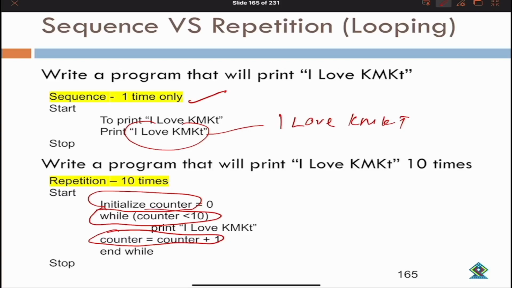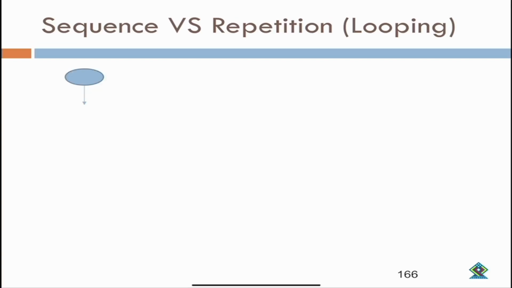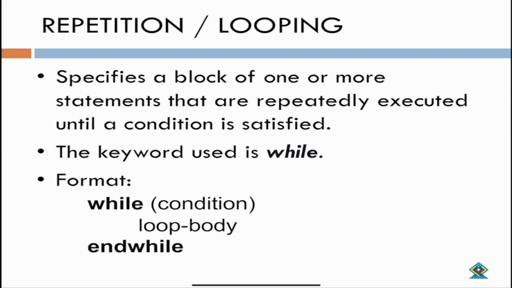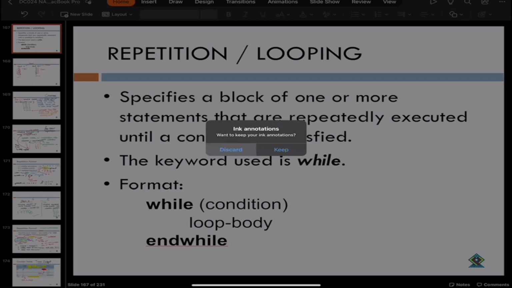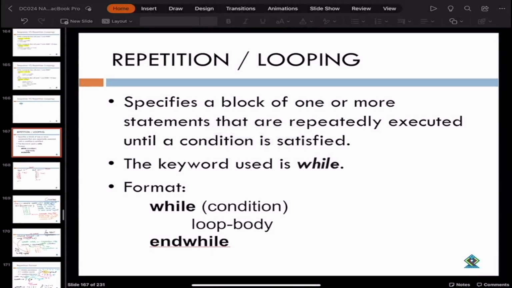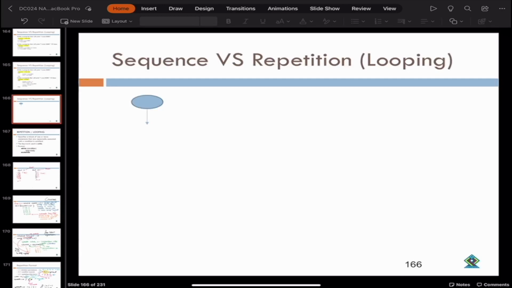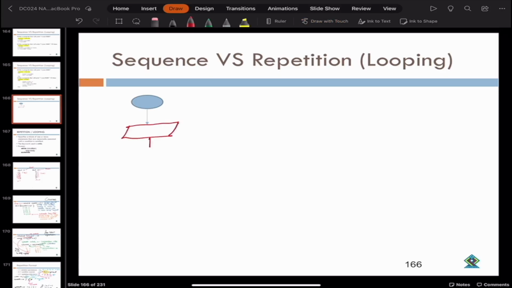I think this one you already know. For the sequence flowchart, you just go through some input, then process, then display, and then end.